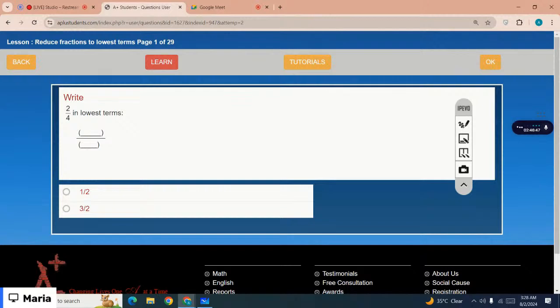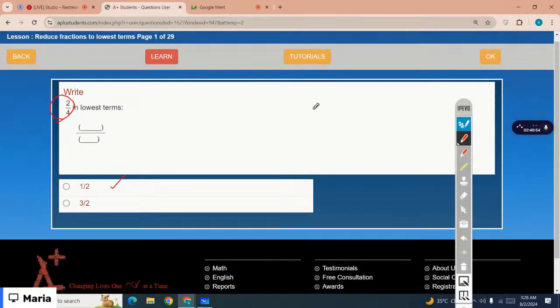Okay, right? 2 over 4 in lowest term, right? So think of the greatest possible number that can divide both numerator and denominator. So yes, that is 2. 2 is the number that can divide.